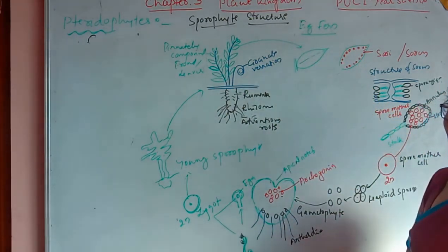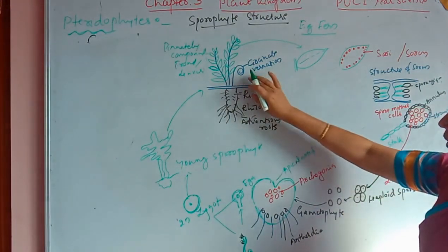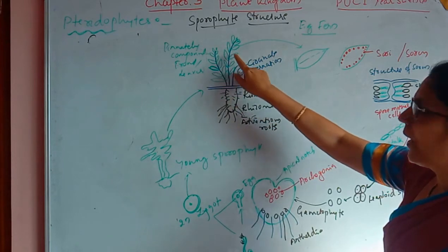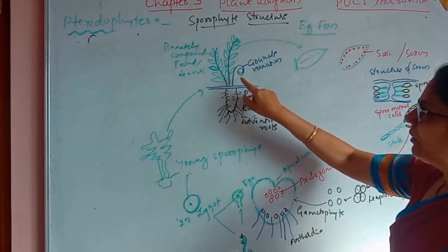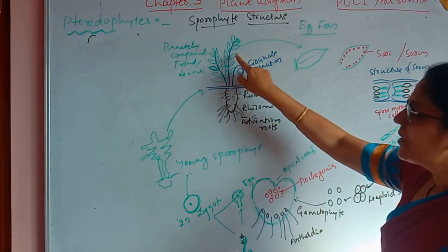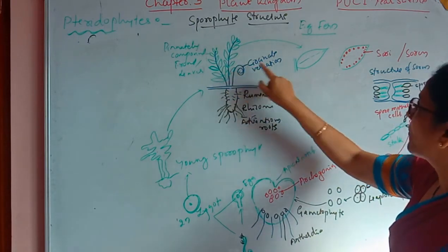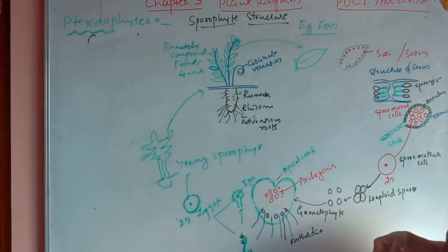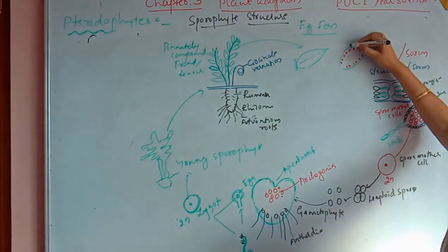The main plant body is the sporophyte, which is well differentiated into root, stem and leaves with vascular tissues. The sporophyte bears the sporangia, which are subtended by leaf-like structures called the sporophylls.